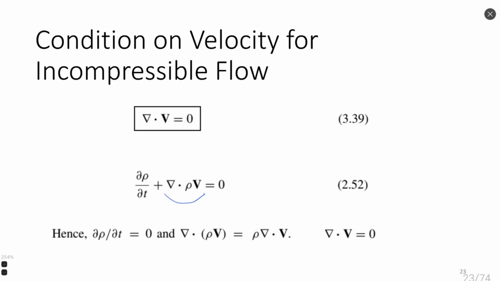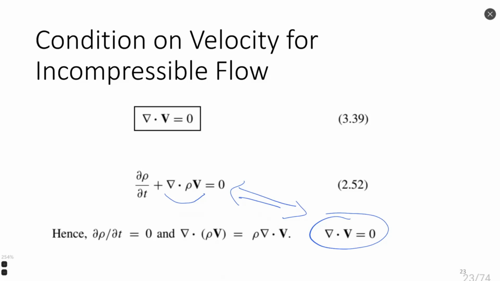And in such case, since density stays constant and the derivative inside will be equal to 0, only the divergence of velocity remains. These equations are equivalent to the continuity equation. Okay, one equation equivalent to another for stationary incompressible flow.